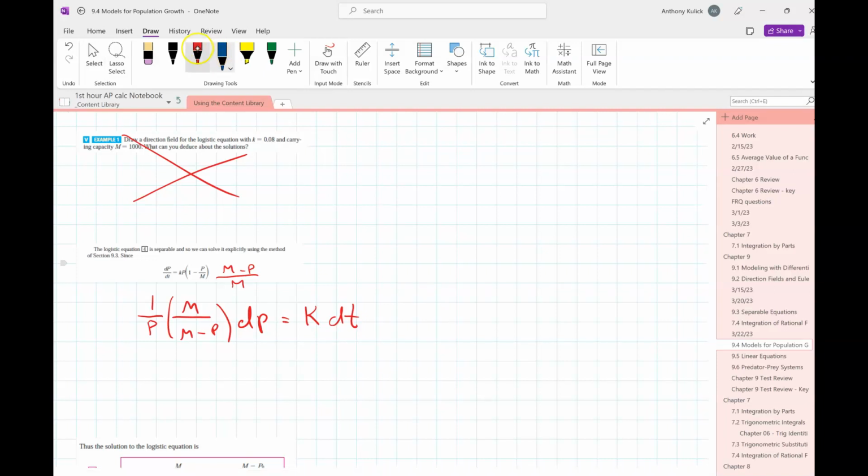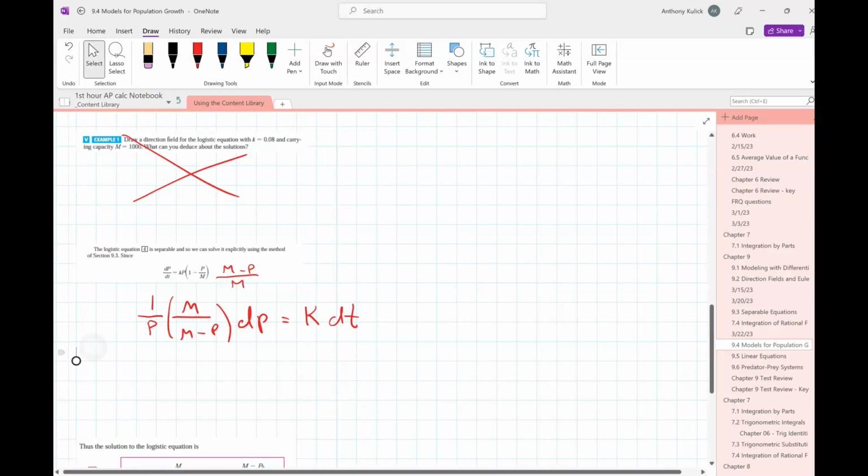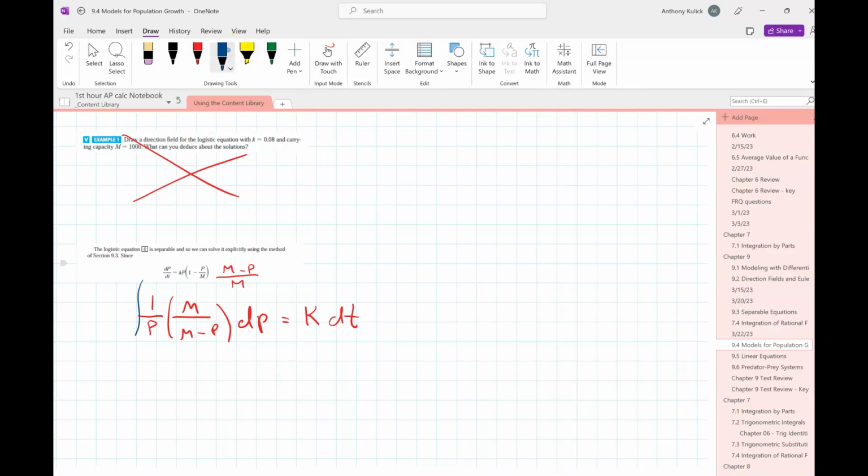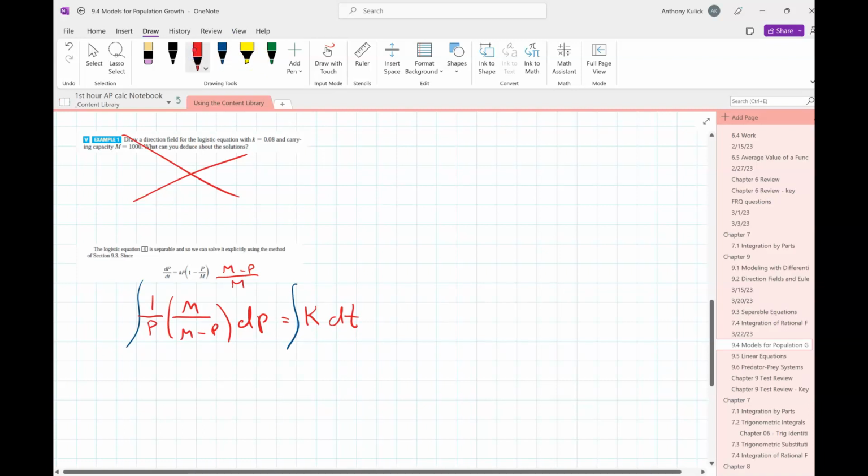Now here, what's the best way to do this? So it gives us this. And the best way to handle this, if we're going to integrate both sides, the right side is easy. The left side, that's maybe not too obvious. So what's going to happen if I distribute that 1 over p through?